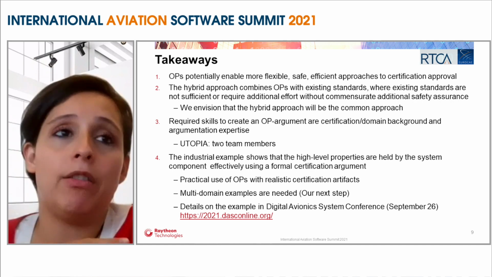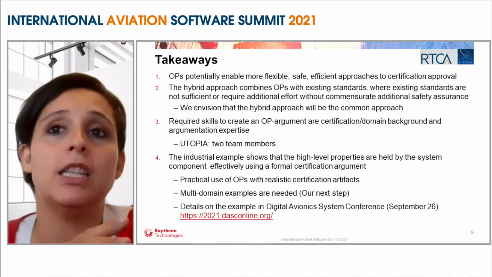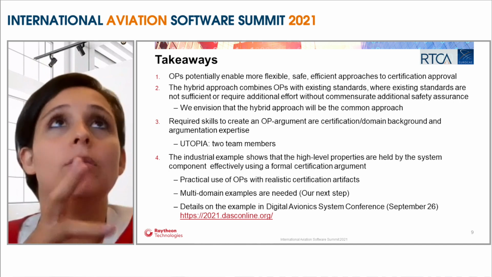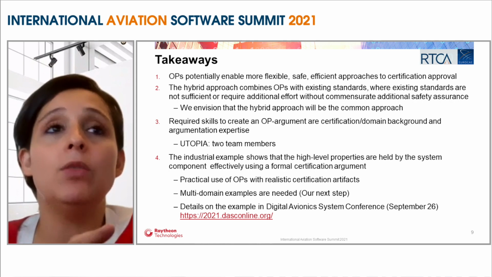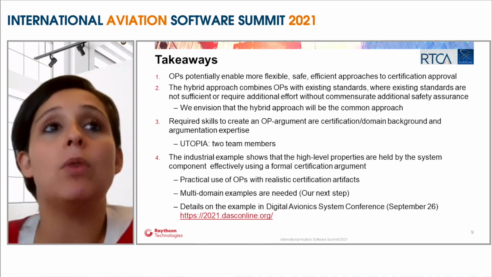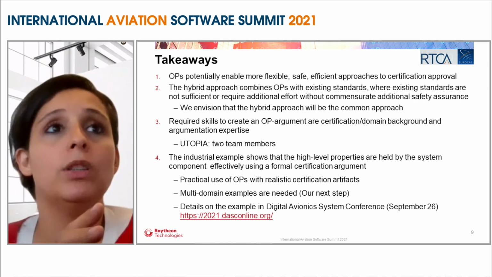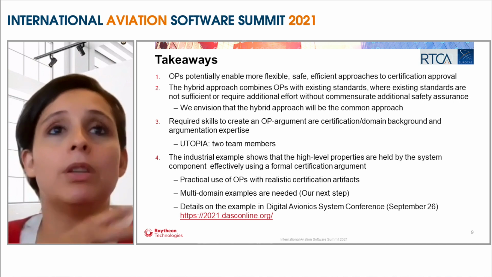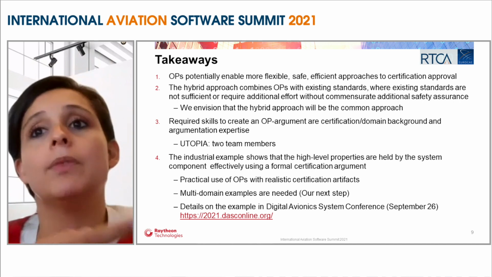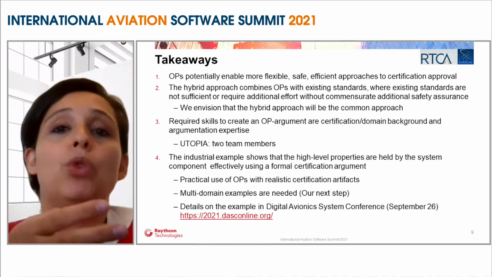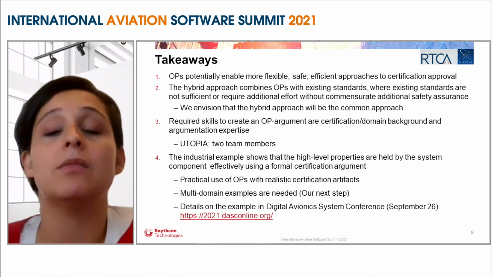In our experience on this project, we have a team of 2 members, and we think that combination was quite successful. On one hand, we have one team member who was the domain expert. In our case, it was Scott Beecher from Pratt & Whitney. He's an expert on this type of systems and also in the certification part. On the other hand, we have an argumentation expert, who in this case is me.